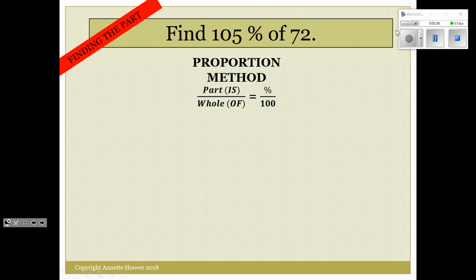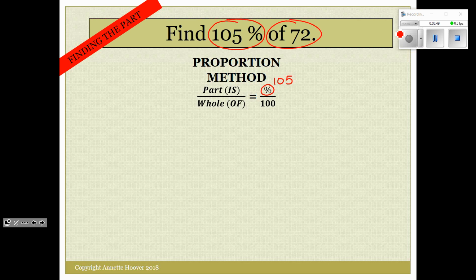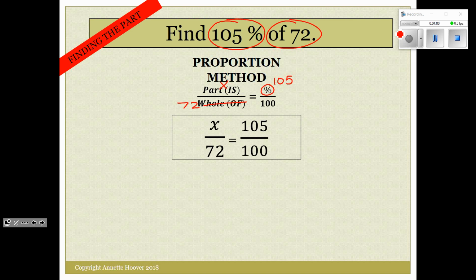Okay, find 105% of 72. So here we are given the percent. So the percent right here is going to be 105. Of 72, so there's the of, so in place of the of, we're going to put 72. So what is missing here? The missing part is the is, so this is where our variable is going to go. So we just plug everything in there that we know. So we put x in for is, 72 in for the of, 105 into the percent, and now again we're going to do our butterfly wings.